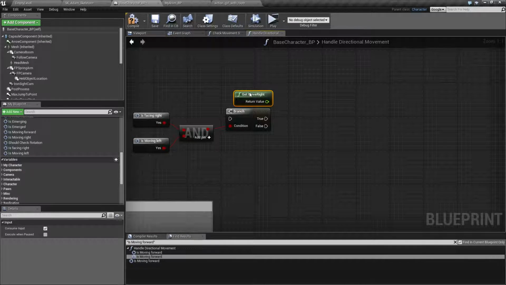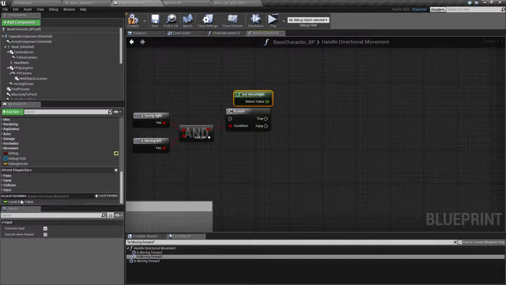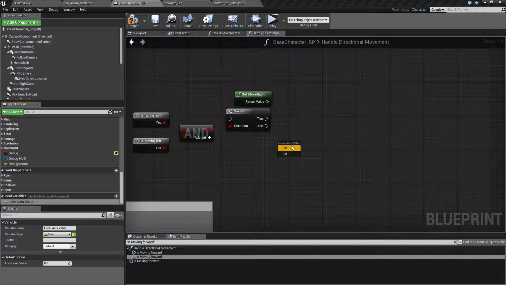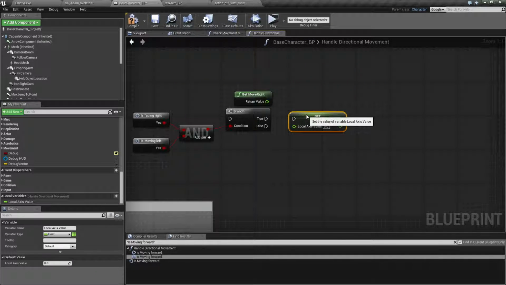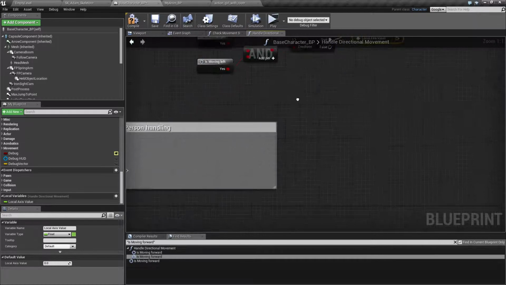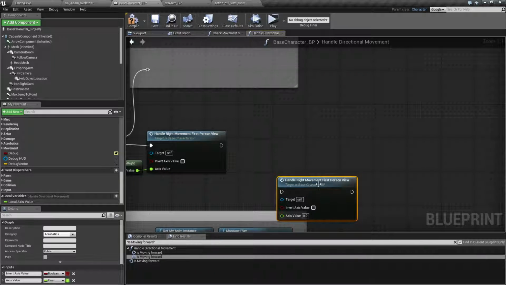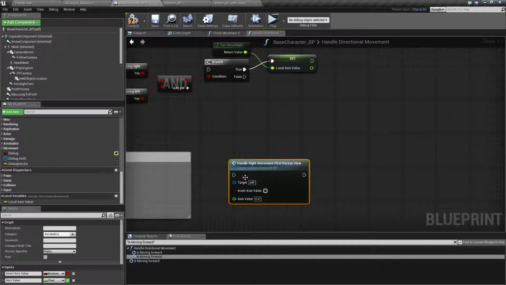Move right component, and we have a local axis value. If you don't have it, just make a variable for this. It's just a float, so we're going to set that and we're going to use that to drive the handle right movement in first person view.